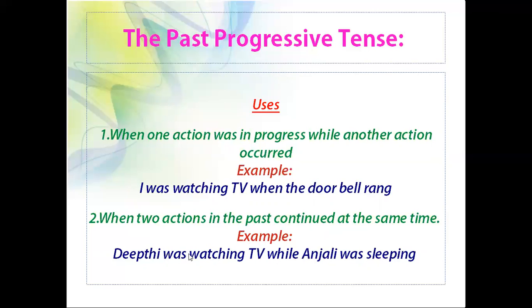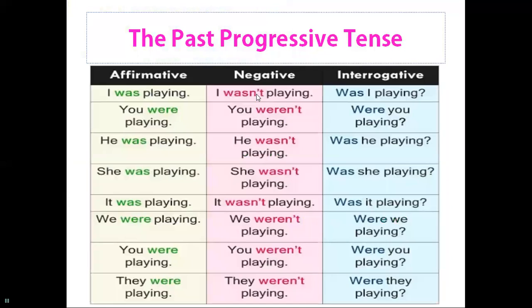So when two actions occurred in the past continuous, there is the ing form, here watching and here sleeping. So it occurs at the same time. So these are the uses of past progressive tense. Past progressive tense is otherwise called past continuous tense. So just as an example, here in affirmative means it is called positive or simple.